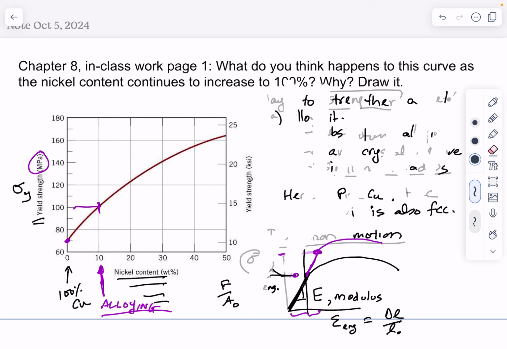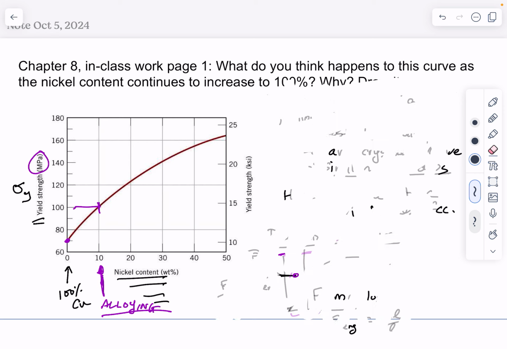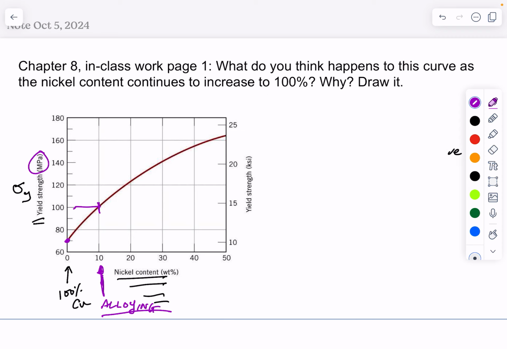Let me do some erasure here. All right, so what is this question asking? It's asking us to complete the curve: 60% nickel, 70%, 80%, 90%, 100% nickel, or 0% copper.